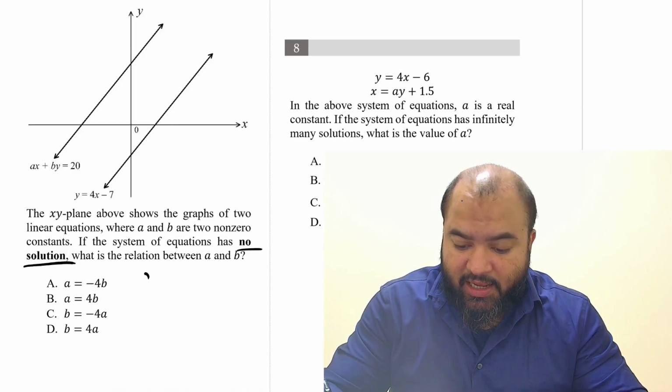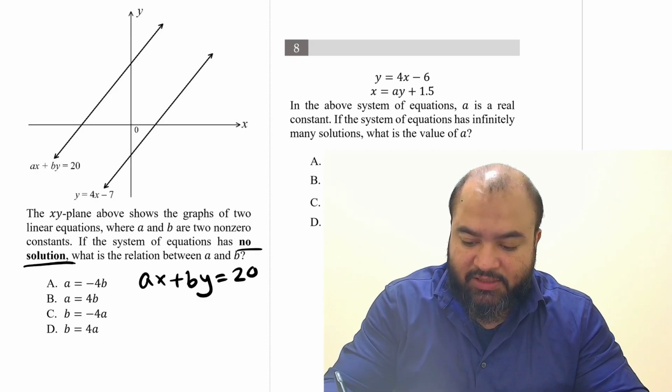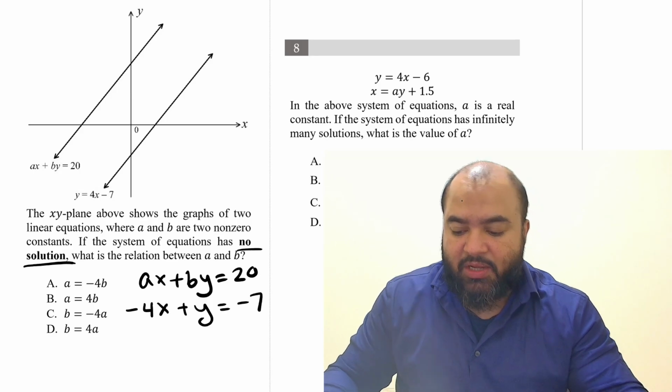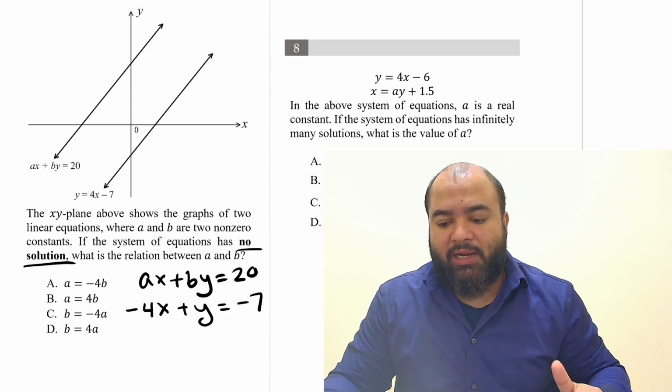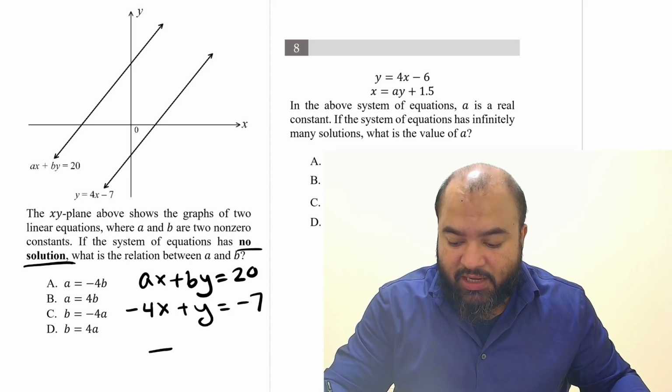So here I have ax plus by equals 20. And the other one, y equals 4x minus 7. I can do minus 4x on both sides, -4x plus y equals -7. I'm just writing it the way we write a system of equations. And no solution means, remember we had a proportion.